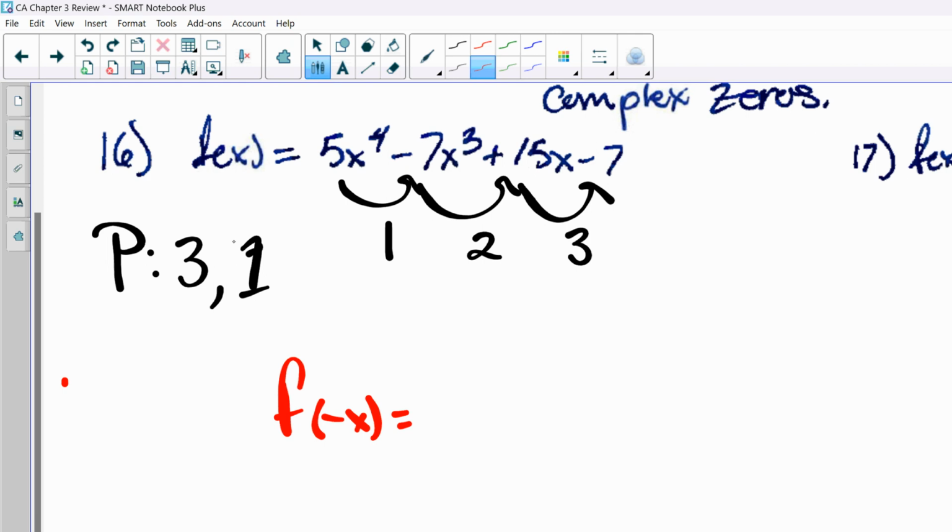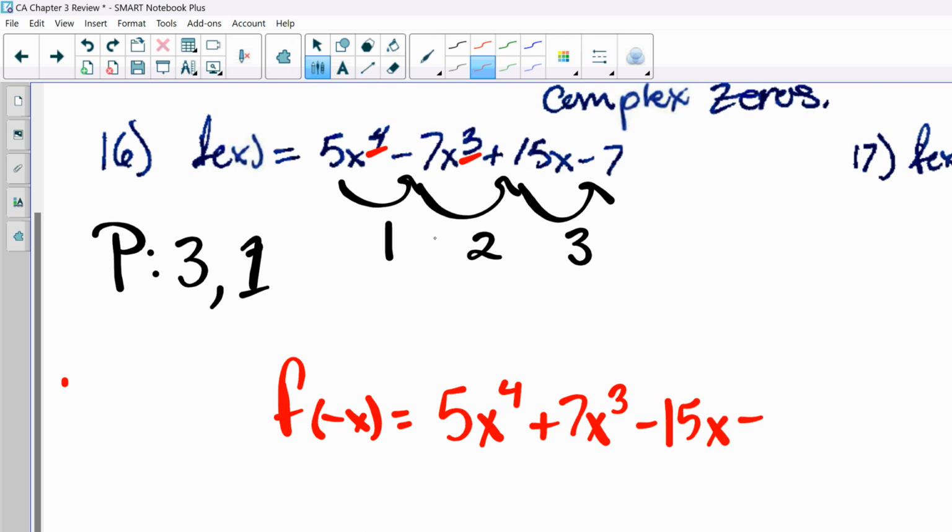So the first one, 5x to the fourth, the fourth power is even, so it's going to stay positive 5x to the fourth. Since the next one's odd, the sign's going to change from negative to positive. So we have plus 7x cubed. The next power is odd, so it's going to change to negative 15x. And the 7 doesn't have a variable, so it's just going to stay negative 7.